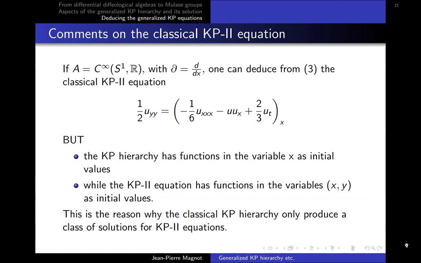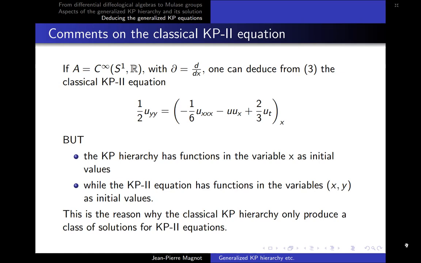Then let us just precise a few things about the classical setting. When we have A equals C infinity of S1, R, then we can deduce from this system the KP2 equation.